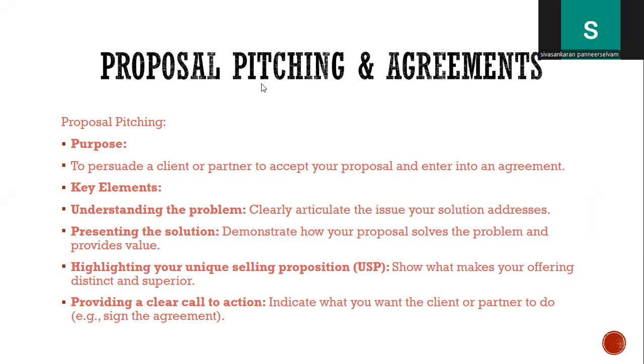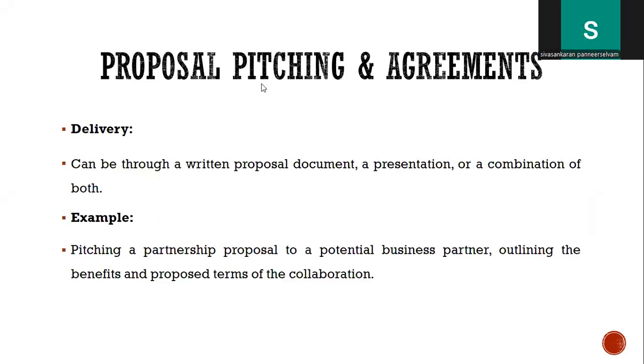Understanding the problem very clearly, presenting the business solution to the partner by providing value, highlighting your unique selling point, the value proposition of the product, then providing a clear call to action, indicating whether you want the client or partner to sign the agreement. Next, how you are going to deliver the proposal document, by means of a written document, an effective presentation, or a combination of both.